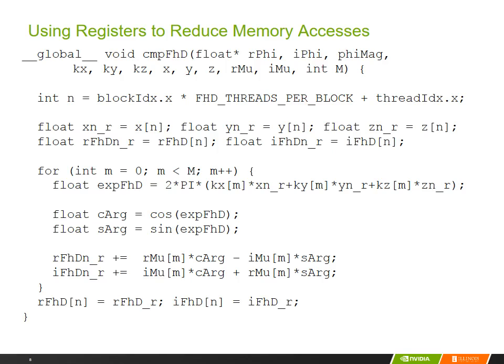And then after we finish the innermost loop, we will write the final result of the RFHD element and IFHD element into their global array element. This can drastically reduce the number of global memory accesses in the innermost loop.